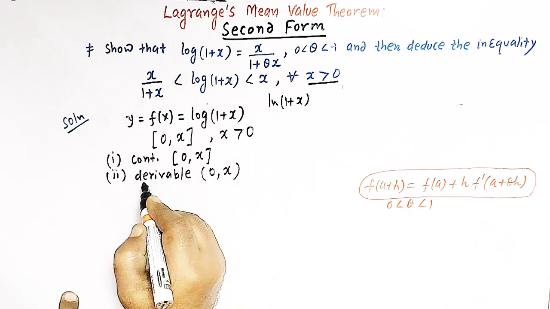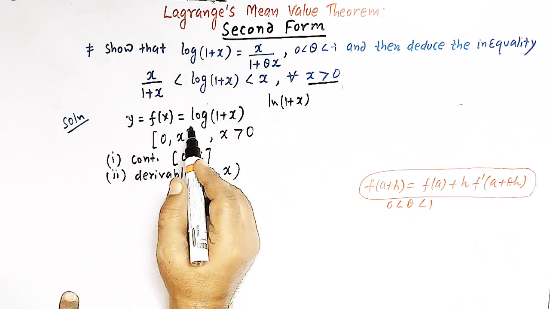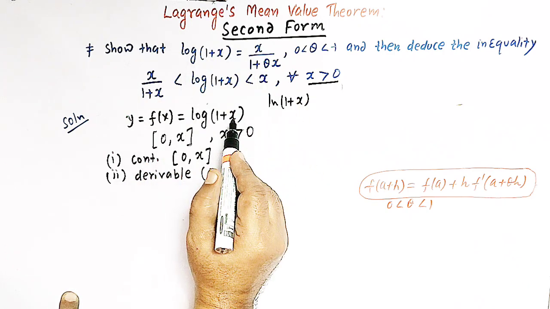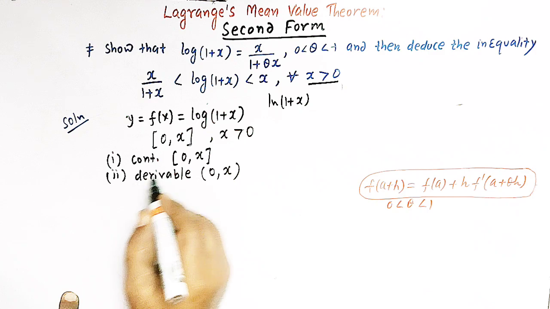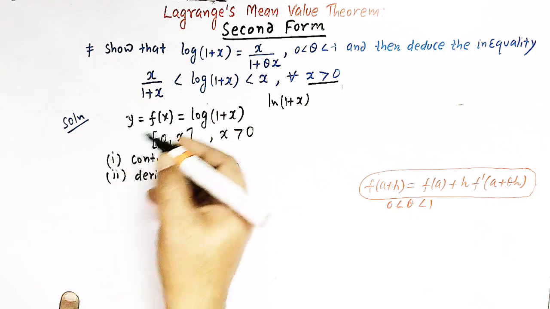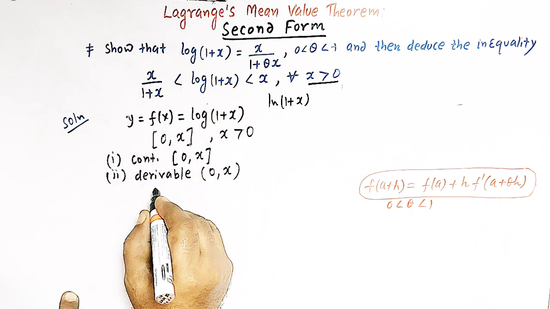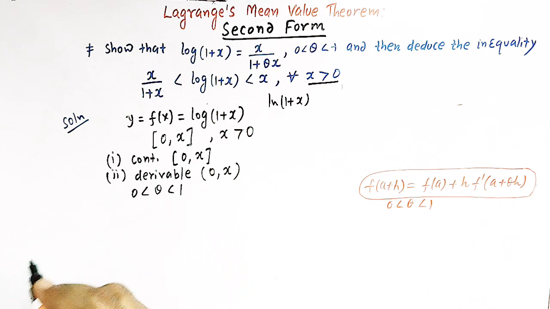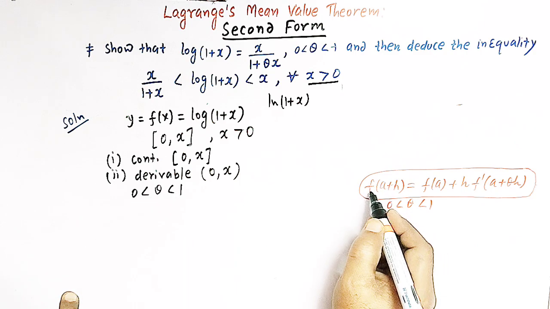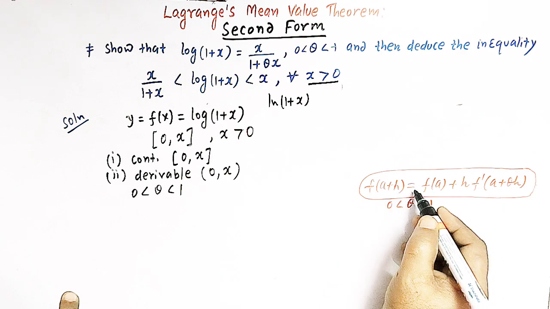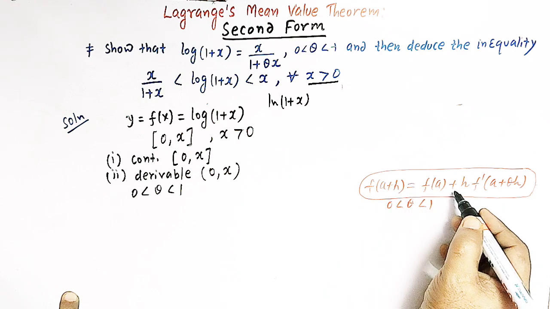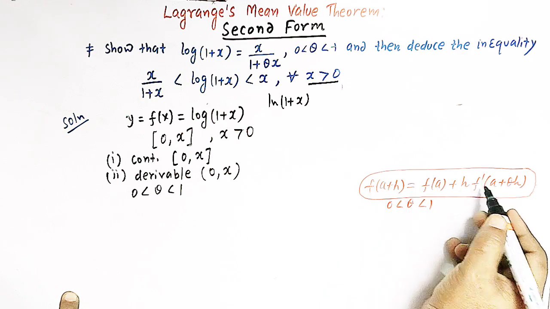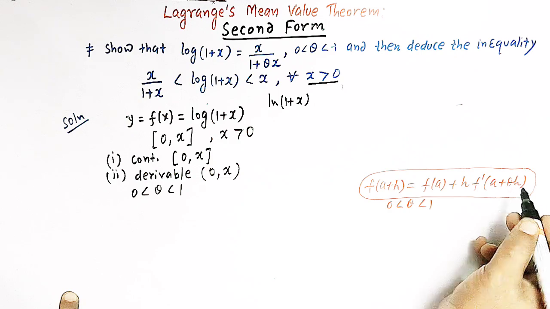So the two conditions of Lagrange's mean value theorem are satisfied by this function, and now there must exist at least one theta which lies between 0 and 1, such that f of a plus h is equal to f of a plus h times f prime of a plus theta h, right?